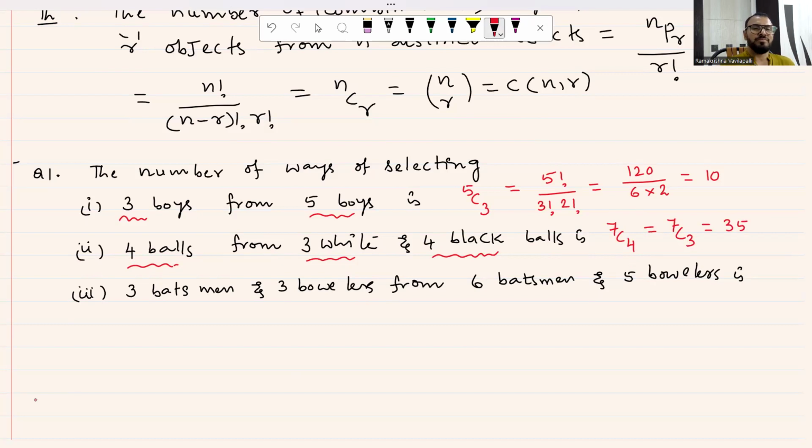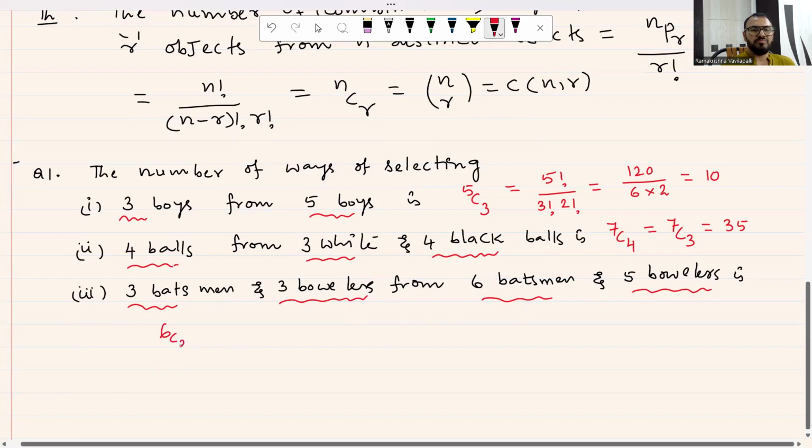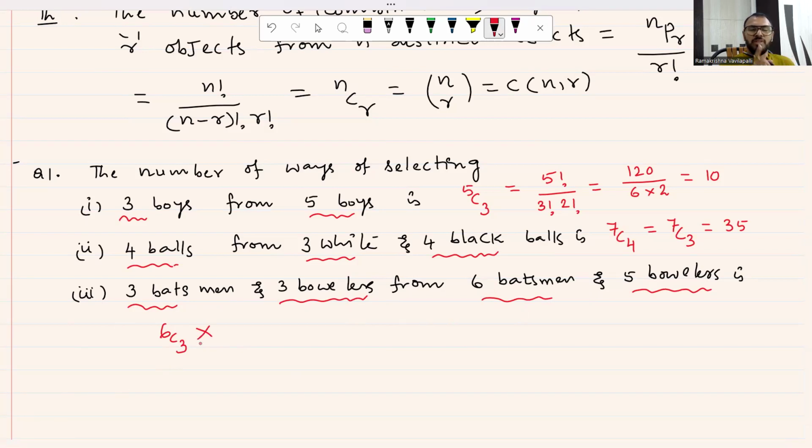See the last question. The number of ways of selecting 3 batsmen and 3 bowlers from 6 batsmen and 5 bowlers. Okay. So out of 6 batsmen, you have to select 3 batsmen. So it is 6C3. And when there is an 'and', using the multiplication rule, we have to multiply.